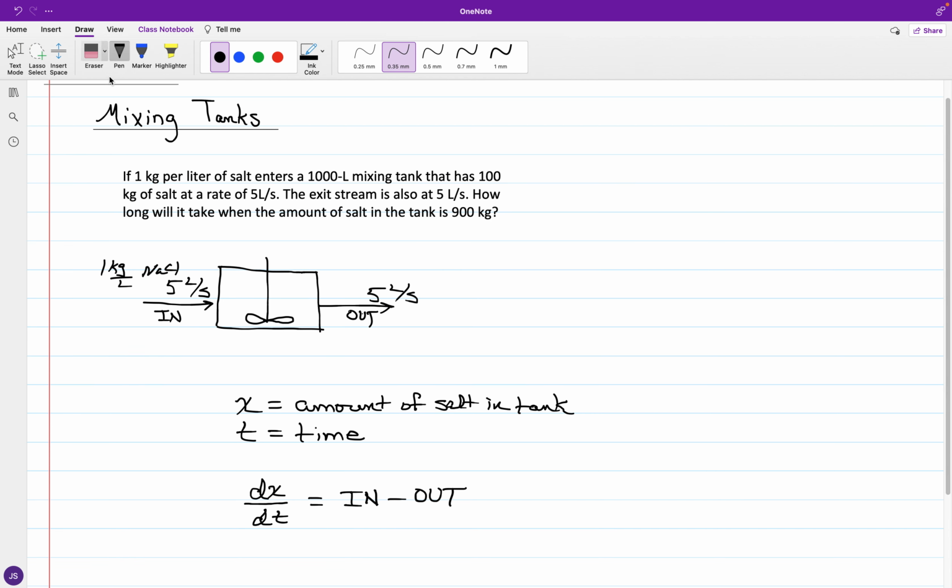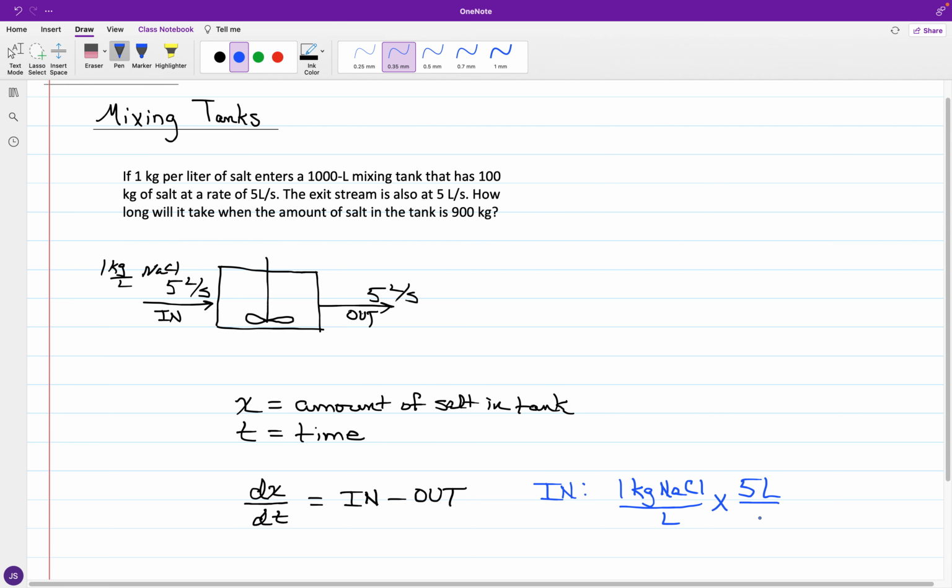So we're doing a bit of modeling. For what we have going in, we have 1 kilogram of salt per liter, and for the volumetric flow stream, again, we have 5 liters per second.